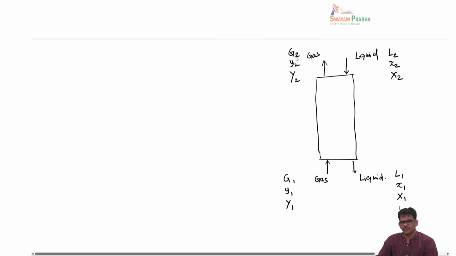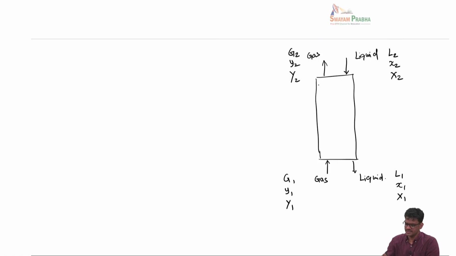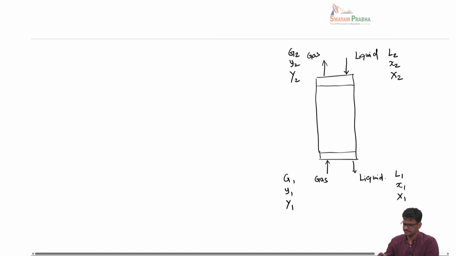Now we have looked at these kinds of diagrams when we did the material balance, but now we are going to do mass transfer operations, and we have to recognize that this particular column is actually packed with a packing material. And this packing material we have discussed before could be Raschig ring, it could be Intalox saddle, it could be Berl saddle, and so on.